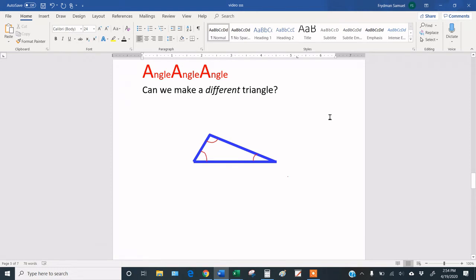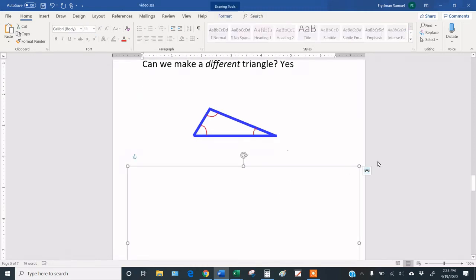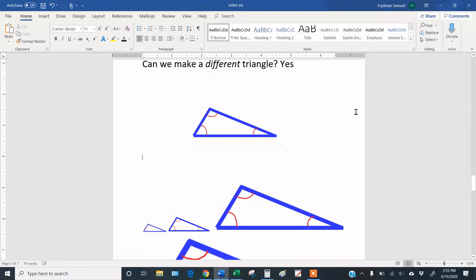The answer is yes. Now, a lot of you are probably saying, wait a minute, I thought the answer was going to be no. No, actually, the answer is yes. We can make different triangles just by changing the sides, but keeping all of the angles the same. And here I drew some of them already.